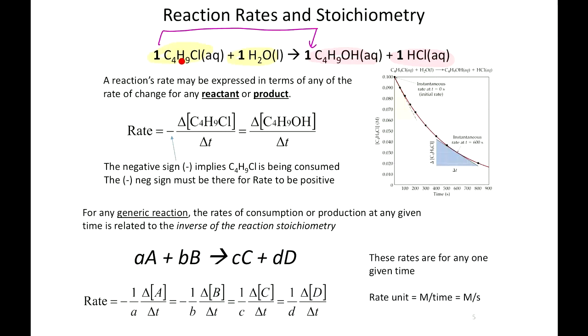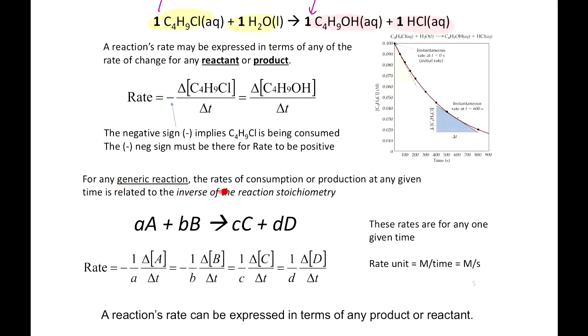If I eat 5 of these per minute, I should also produce 5 of these per minute. All right? Don't let this negative sign freak you out. That negative sign implies that this is a reactant and it's being consumed, right? Versus on the other side, it's a product, so it's being produced, so it's a positive sign on this side. All right. So for any generic reaction, the rates, they're all of consumption and production.